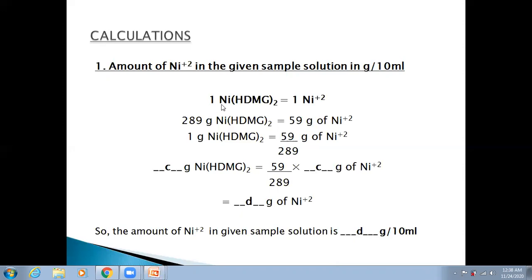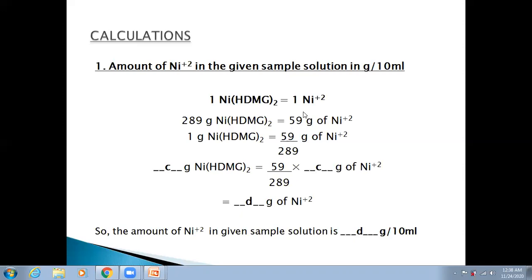So instead of writing 1 mole, I can write here 289 gram of nickel DMG complex. This 289 gram is actually the molar mass of nickel DMG complex. Same here: instead of writing 1 mole of nickel, I can write here 59 gram of nickel. This 59 gram is actually the molar mass or atomic mass of nickel.